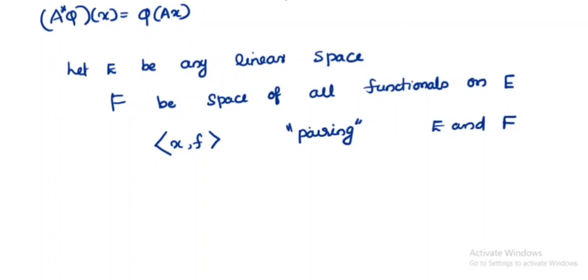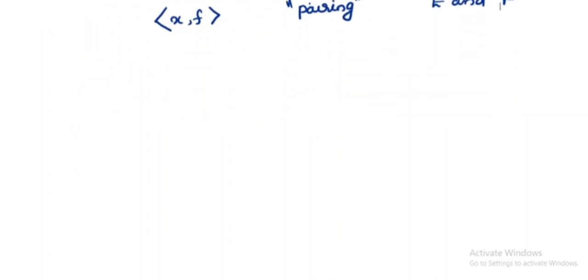Now we apply this notation to X and X star. For E we have X, for F we have X star, and the pair is <x, f>. Now what about the dual operator A star?